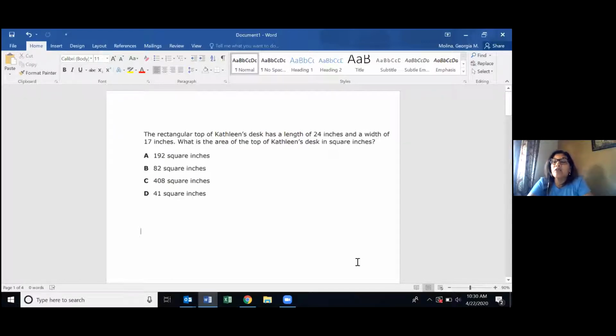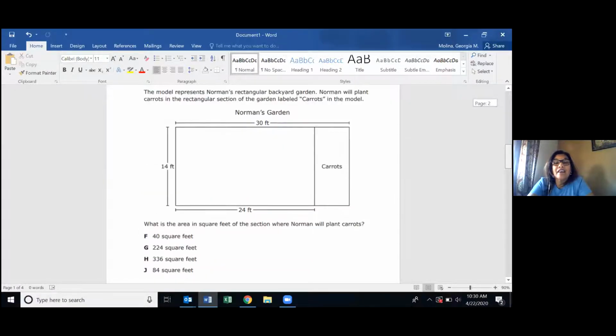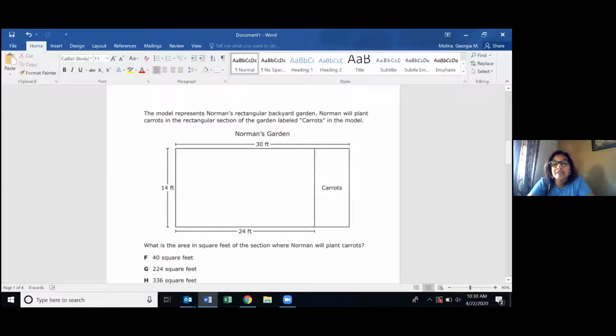Okay, I have one more for you to do. It says the model represents Norman's rectangle backyard garden.